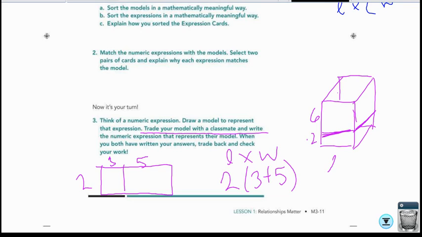So my length times width times height. My height is 2 plus 6, as we see right here. It's 2 things together. Then my width is 5, and my base is 4. So I have 4 times 5 times 2 plus 6, because my height here is 2 plus 6.